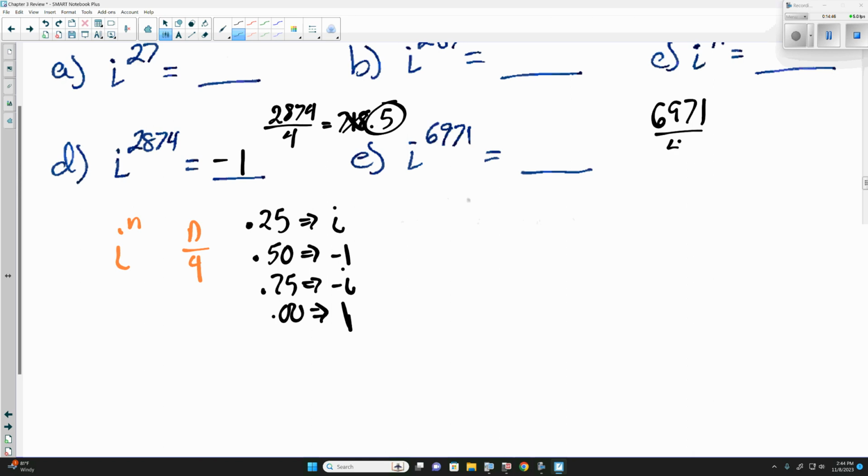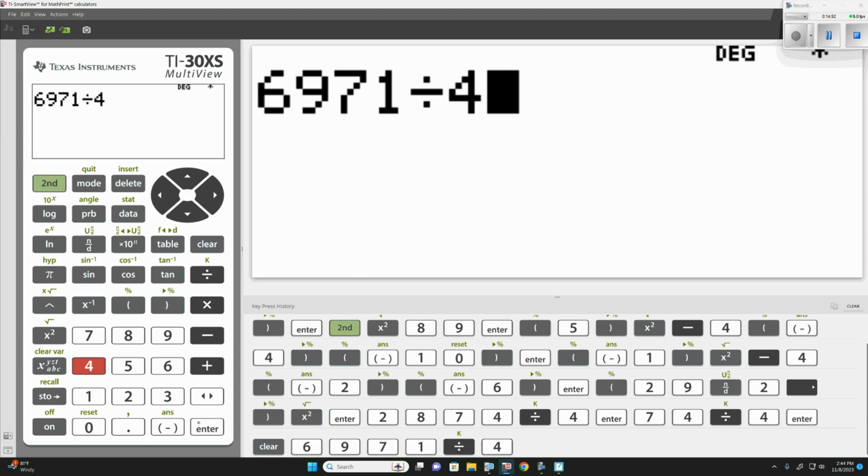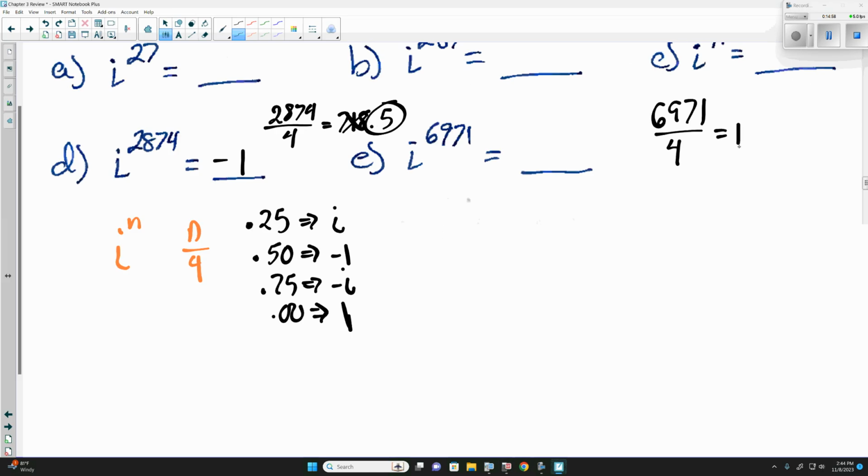6971 divided by 4. So we can do this here. 6971 divided by 4 is 1,742.75, because the main thing we're focused on is the 0.75, which is negative i. Questions on this here?